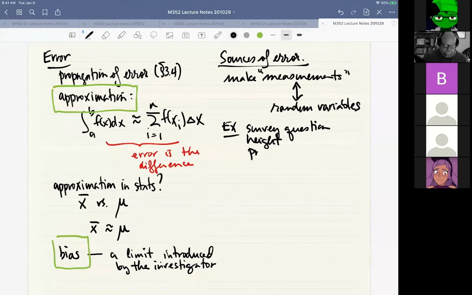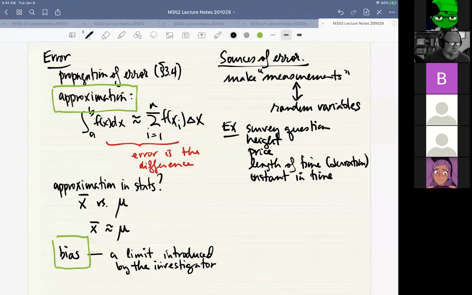A price, right? Exactly. You could absolutely look at prices. A length of time. Or a duration. Or maybe Alex meant an instant in time. So what time did something happen? That's good. So Glenn said sampling.